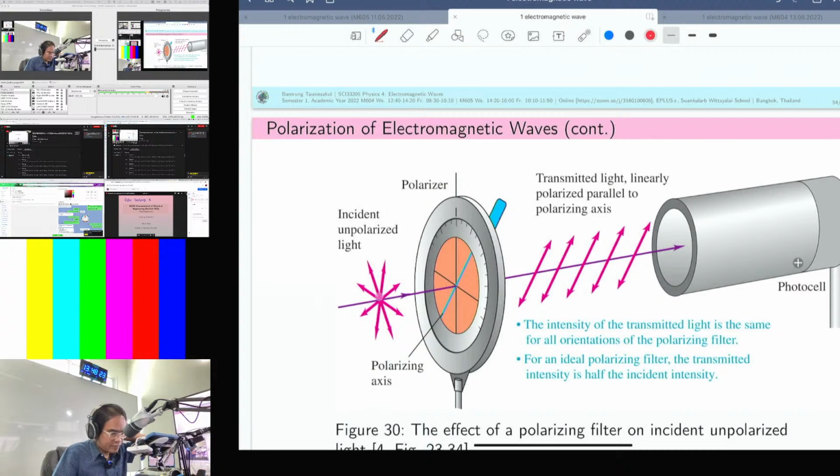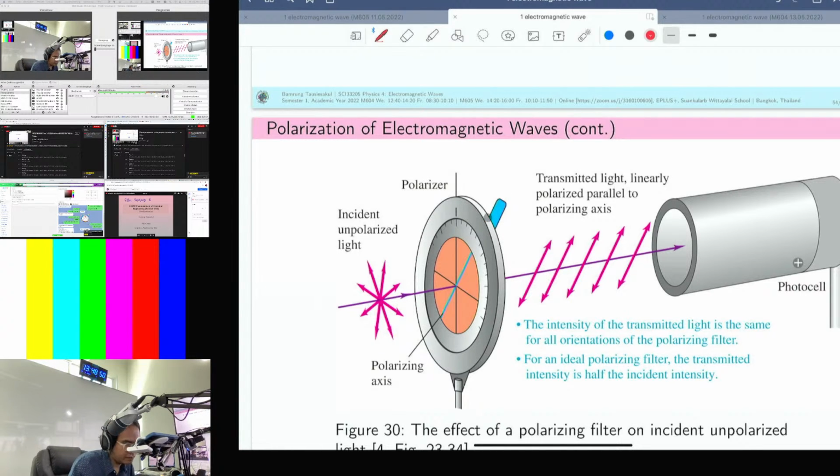Let's talk about this experiment. Once your light has several orientations of the electric field, you place the polarizer with an adjustable polarizing axis. You can adjust the polarizing axis through this knob to rotate it.